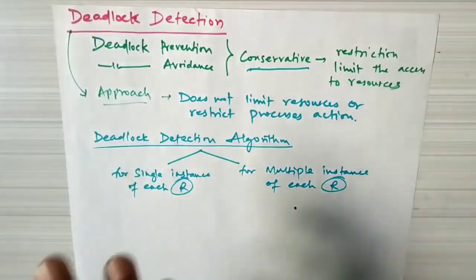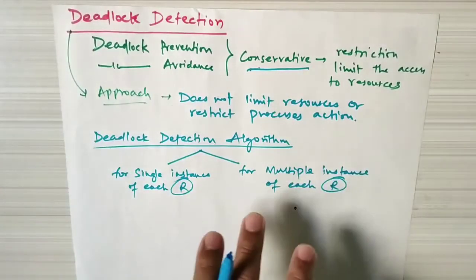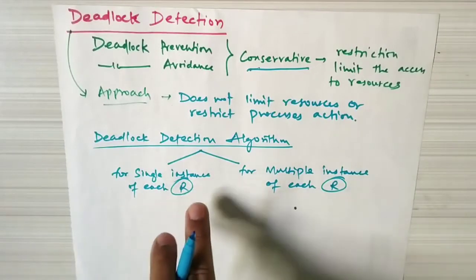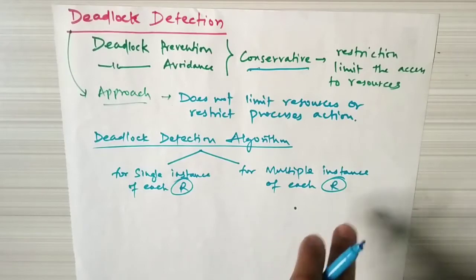So a deadlock detection algorithm is basically divided into two algorithms. One is for a single instance of each resource, and the second is for multiple instances of each resource.